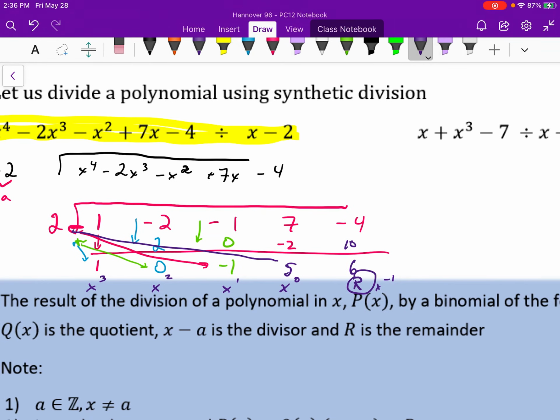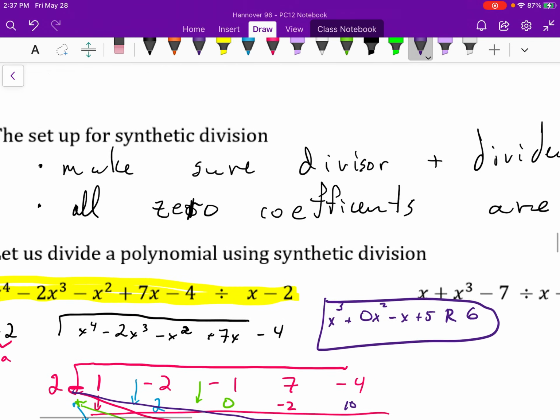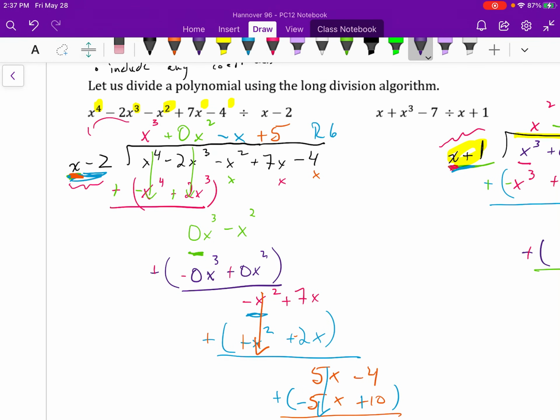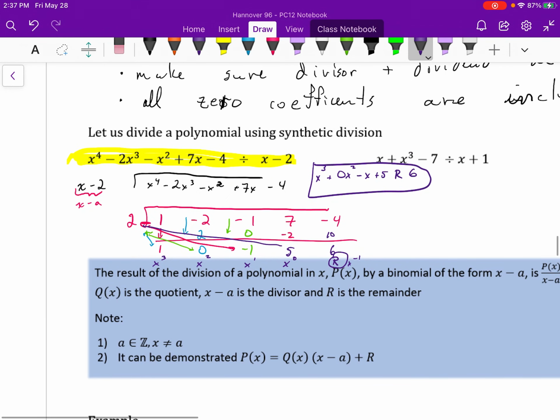So my answer is going to be x cubed plus 0 x squared minus x plus 5 with a remainder of 6. That's what I got. Wow, it's the exact same thing as what we had before.